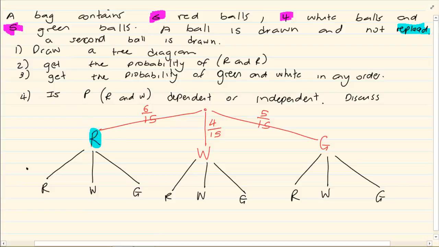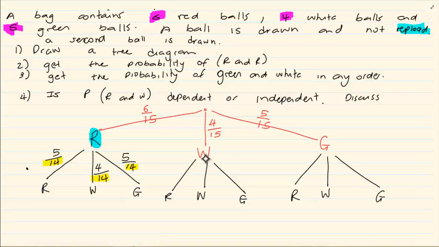If you took out a red, you had 6, but now you took out one, so you only have 5 left. How many white do you have? You still have 4. How many green do you have? You still have 5. But now, if there were 15 balls in the bag and you took out one, how many are left? There are only 14. So remember, when you are not replacing, the denominator changed.